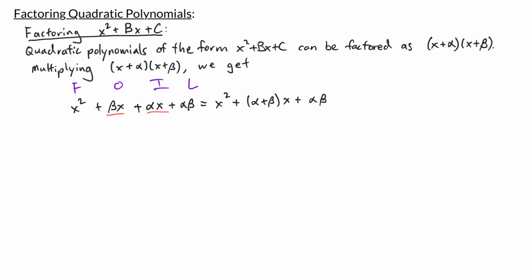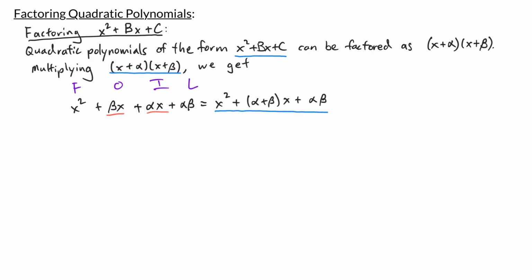Now remember that we want x plus alpha times x plus beta to be a factorization of x squared plus bx plus c. So those two things should be equal to each other. When we multiplied out x plus alpha times x plus beta, we got the expression x squared plus alpha plus beta times x plus alpha times beta.